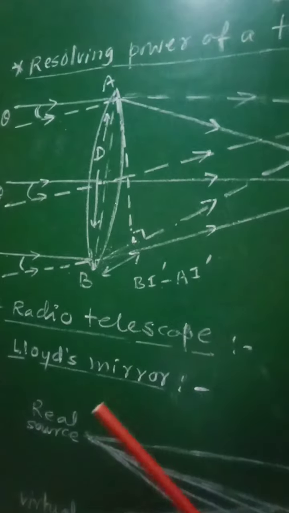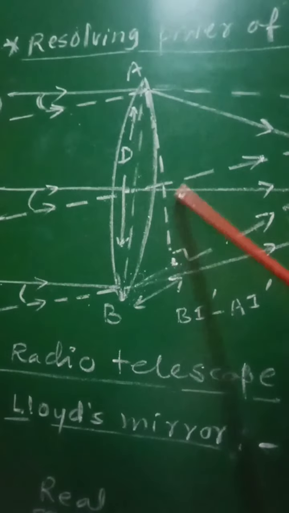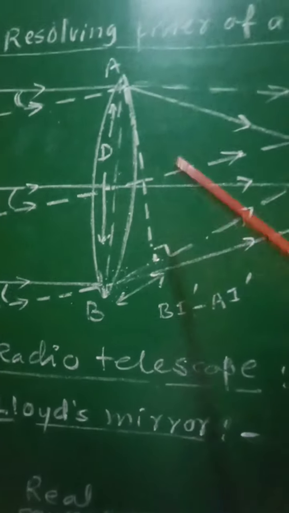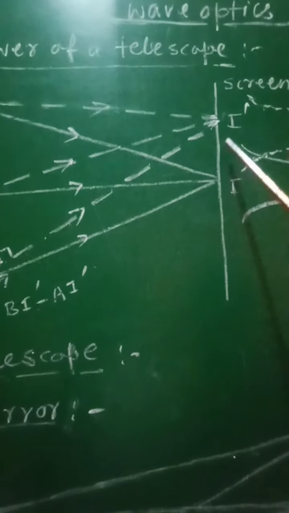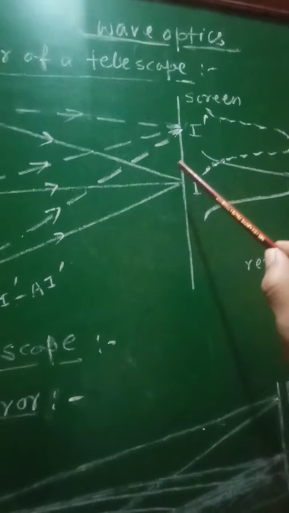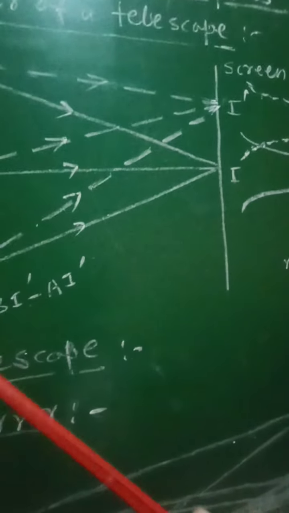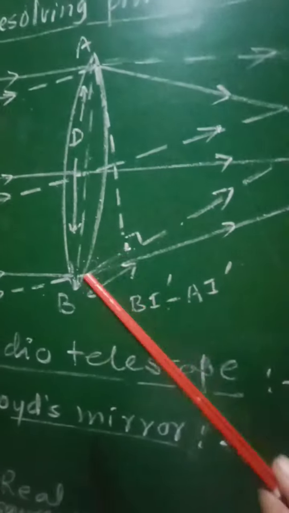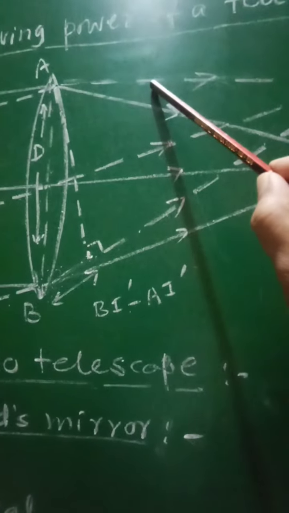Now how will that path difference be Bi dash minus Ai dash? For that purpose, let us consider the geometry of this figure. If you consider the two rays Ai dash and Bi dash, then Bi dash will be greater as compared with Ai dash.